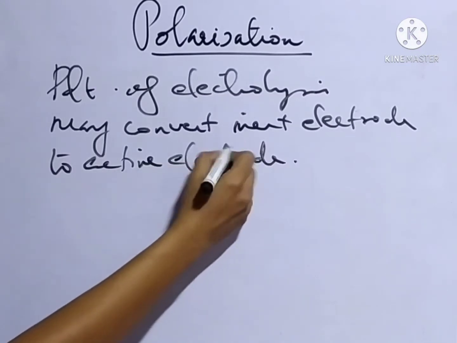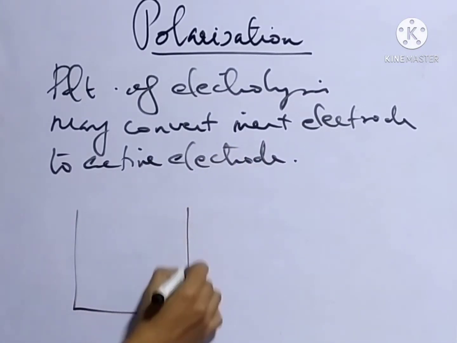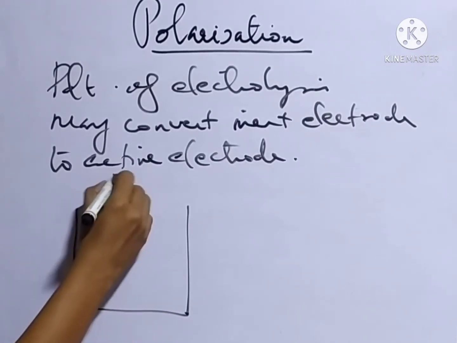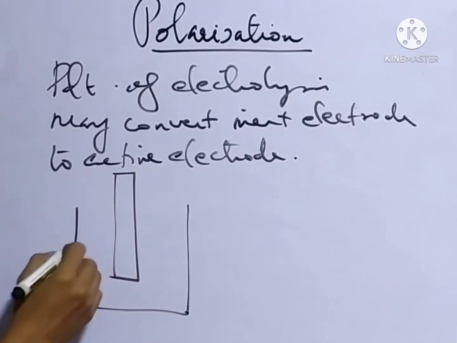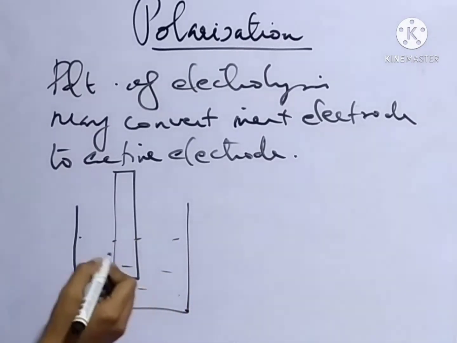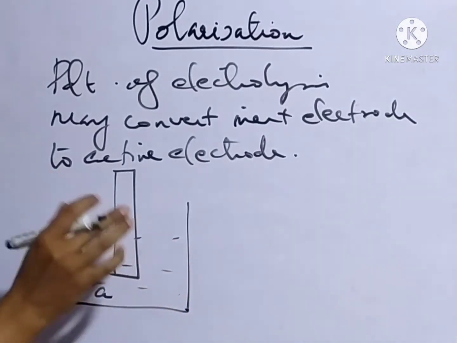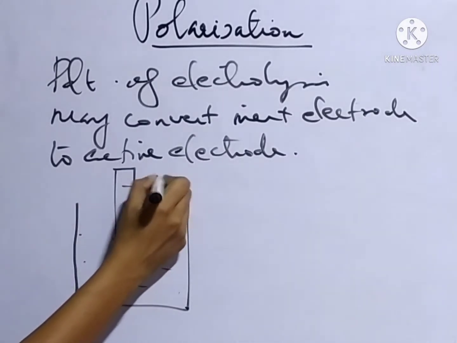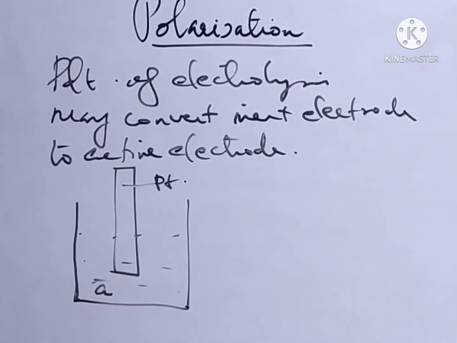For example, if we are conducting electrolysis in an acidic or alkaline solution, just imagine that we are going to construct a half cell by using a platinum electrode and an acid.